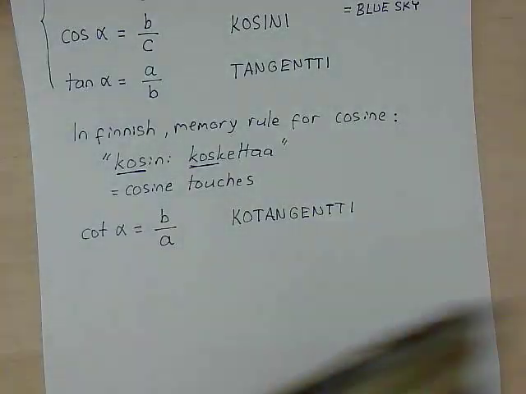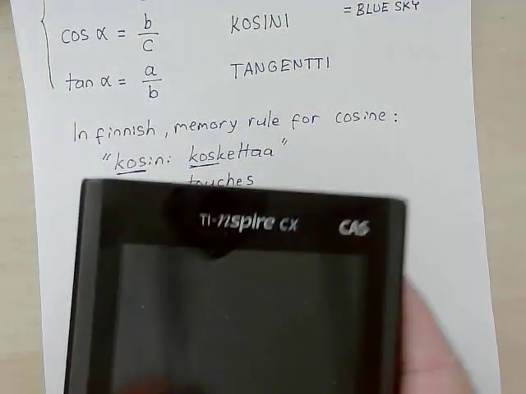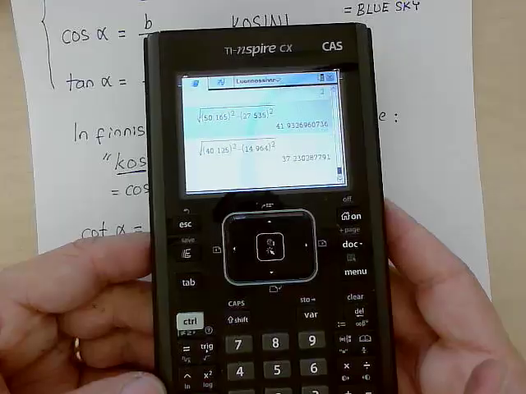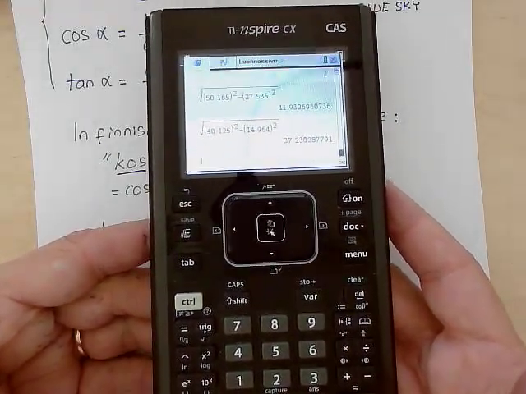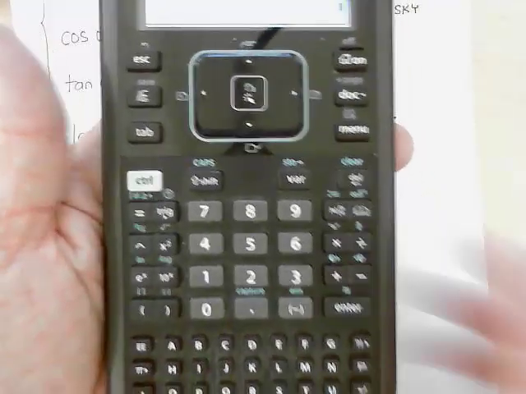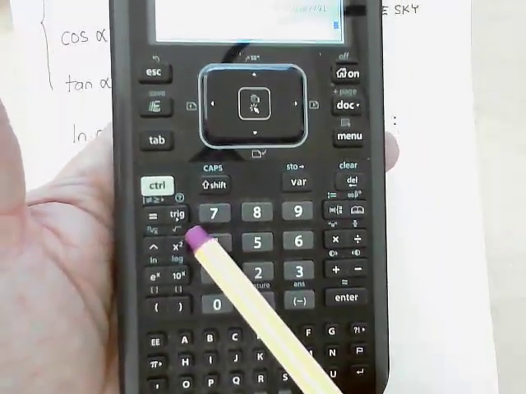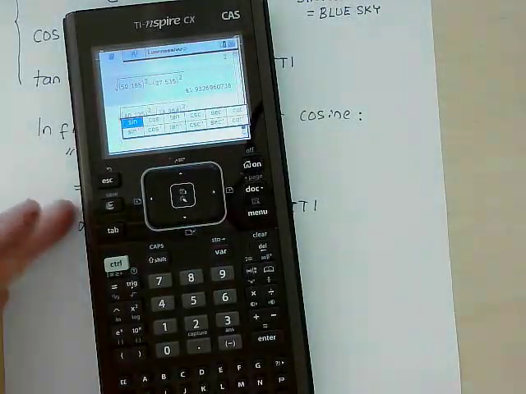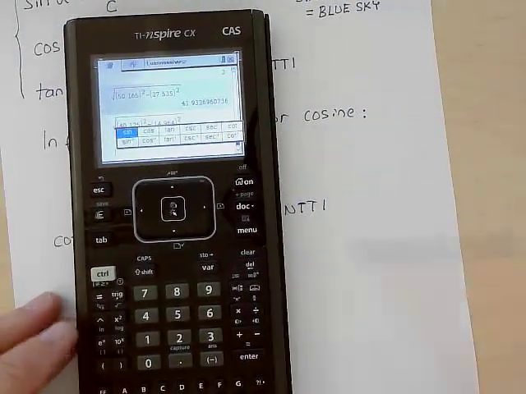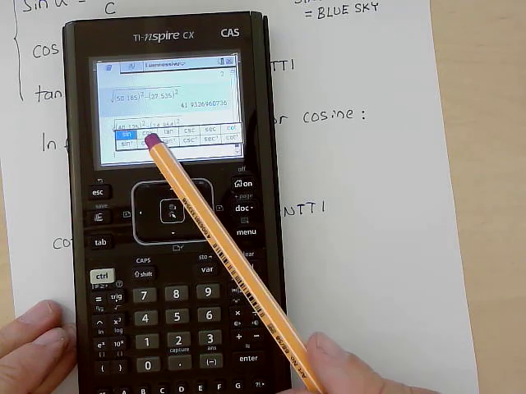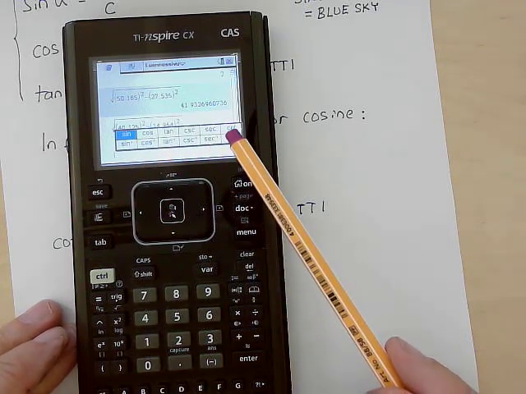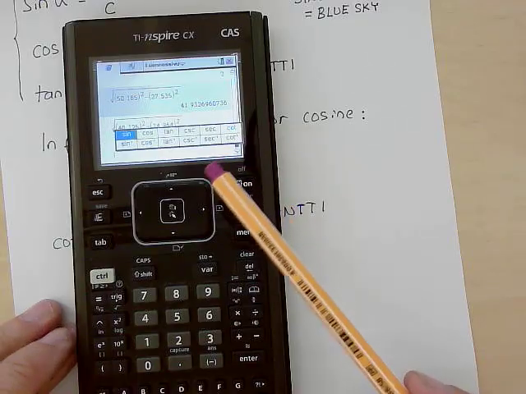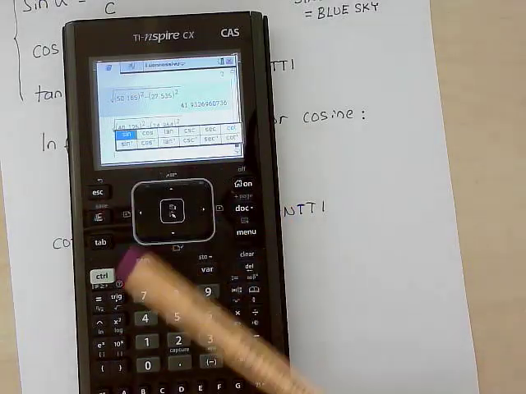But newer calculators, for example this Inspire calculator, there is one button there, the trig button. If you press that, you will get all 6: sine, cosine, tangent, cosecant, secant, and cotangent, and the inverse functions also. But this is very rare.